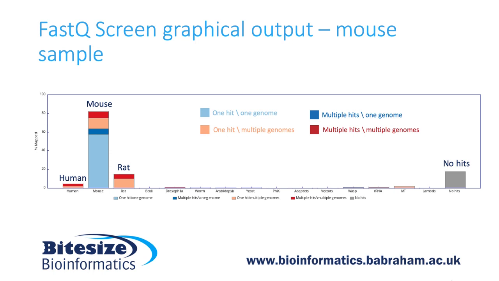What you can see in these results, therefore, is that by far the largest category are reads which map to the mouse genome and only the mouse genome, which strongly suggests that this is in fact mouse DNA. While it is true that a small proportion of the reads that map to the mouse genome do seem to map to rat or human, this may be as expected due to the close evolutionary similarity of these species.